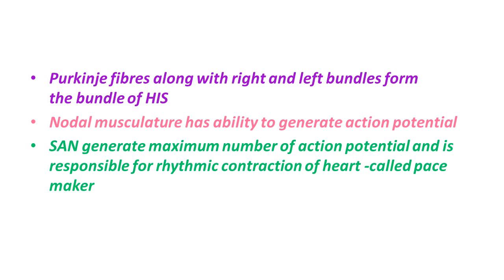A bundle of nodal fibers, the atrioventricular bundle, AV bundle in short, continues from the AVN, which passes through the atrioventricular septum to emerge on the top of the interventricular septum and immediately divides into a right and left bundle.